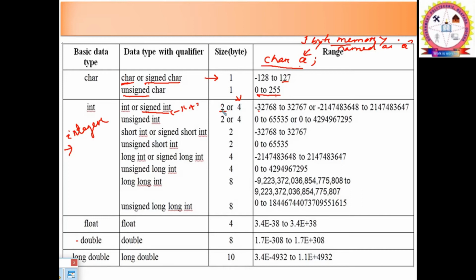If it is 2 bytes, its range is -32768 to +32767. And if the size is 4 bytes, its range is -2147483648 to 2147483647.